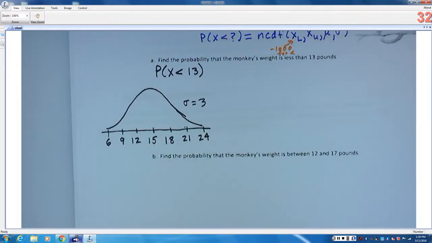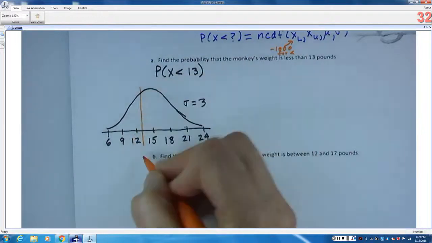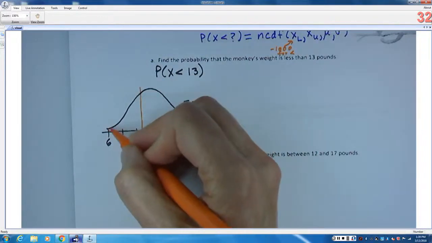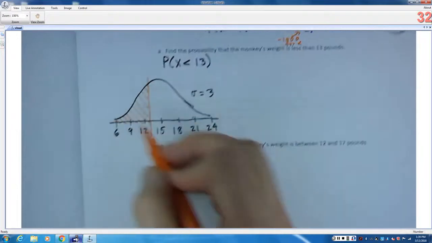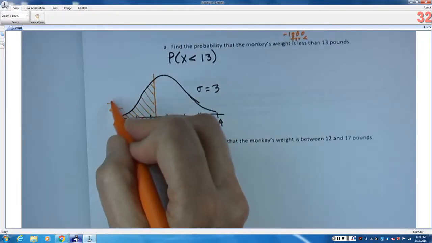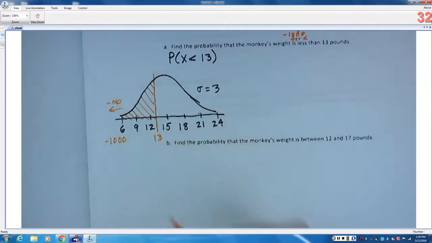Less than 13 is going to be right in here. It's going to be to the left. And remember, we're going to negative infinity, and negative 1,000 is fine for that. So we're going to go from negative 1,000 to 13.